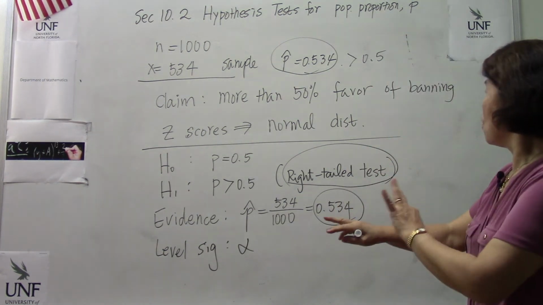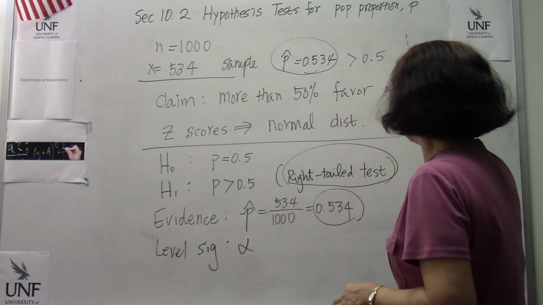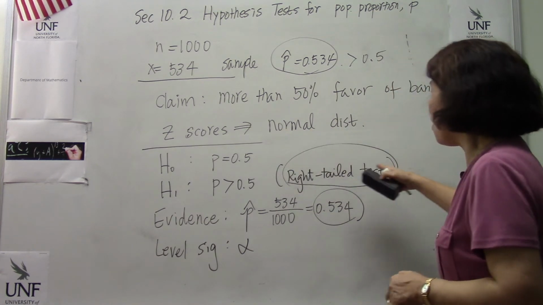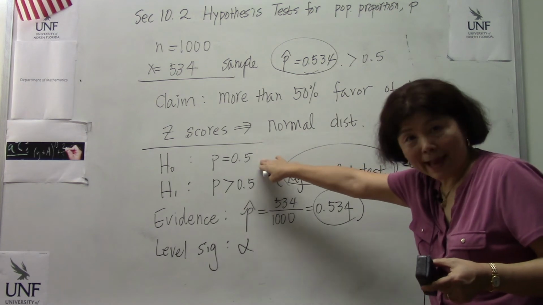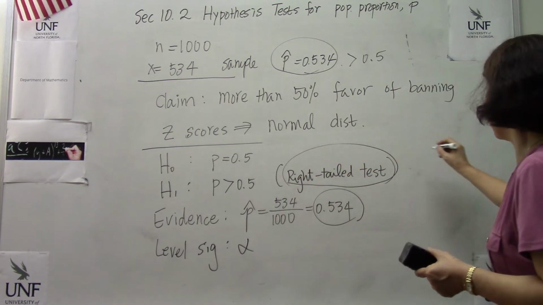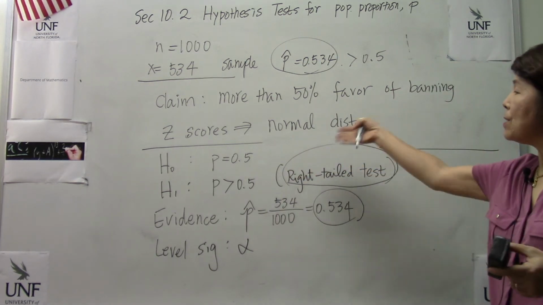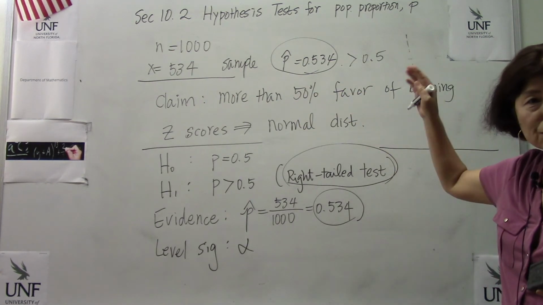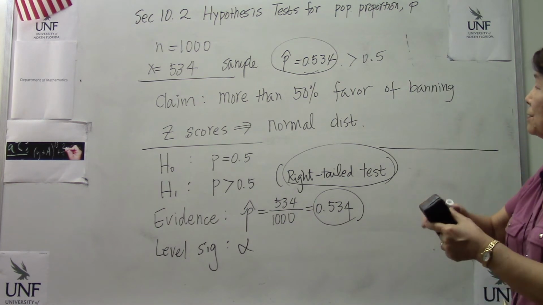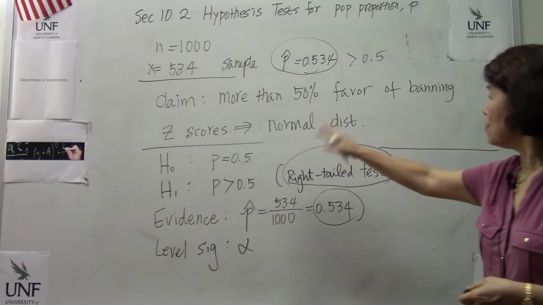We are going to make the normal distribution based on our old data. Okay, everything on old data. Therefore, because we already tested that n times p times 1 minus p is greater than or equal to 10, you can do it easily.